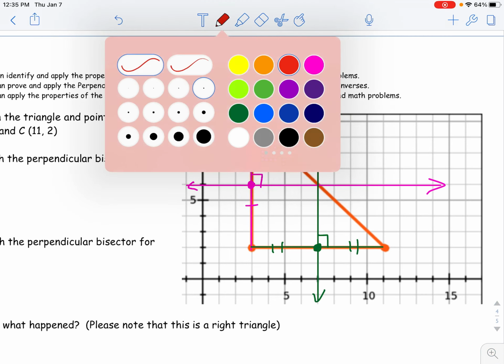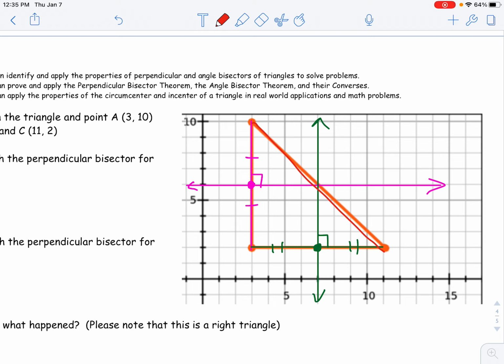Again, perpendicular bisector. And then for this last side, the midpoint is right there. And the perpendicular bisector would actually be that. So for this, all the perpendicular bisectors on a right triangle, they intersect at a single point on the hypotenuse.